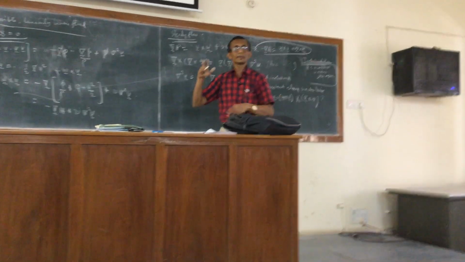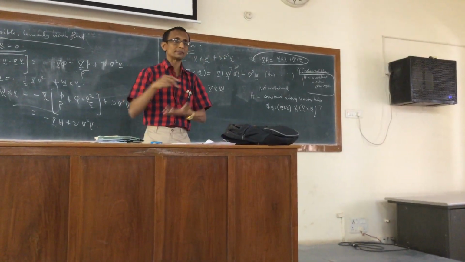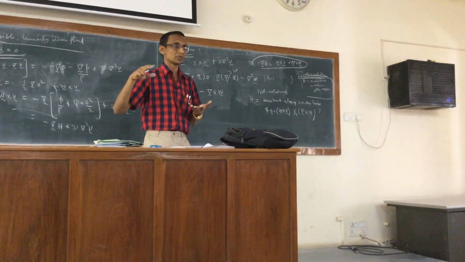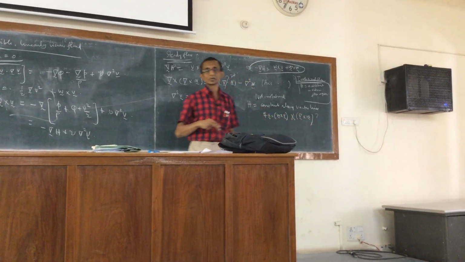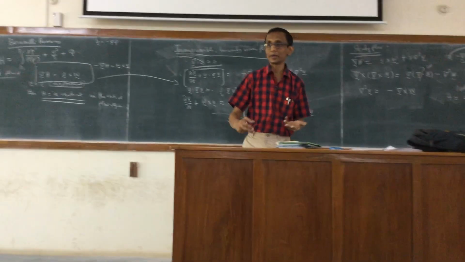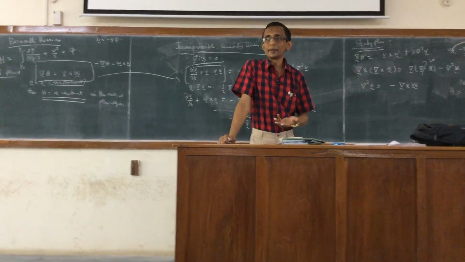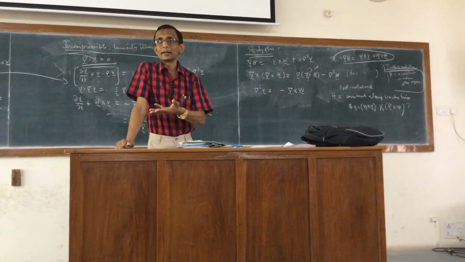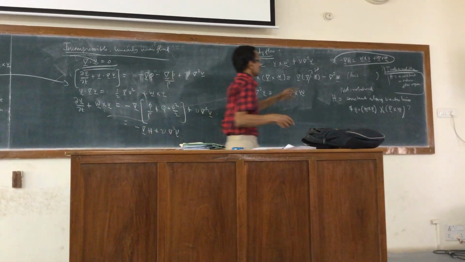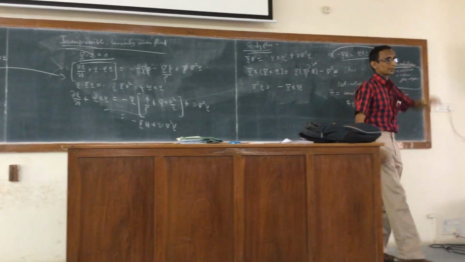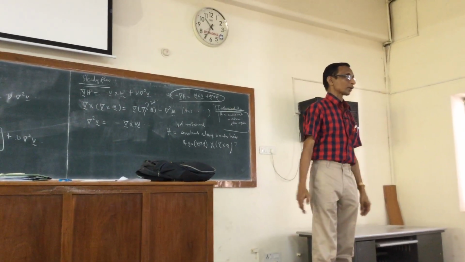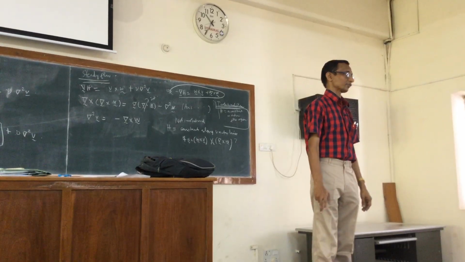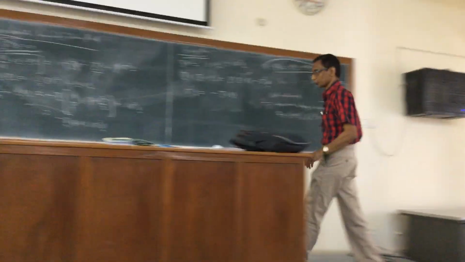Just as we consider streamlines and vortex lines, we can consider another set of curves for which this vector A, given by this complicated relation, would be a tangent at every point. Then, along that vector line, he says this relation implies that h would be a constant. So I will leave it for you to trace out those arguments and prove for yourself. I am not going to go into it in greater detail.